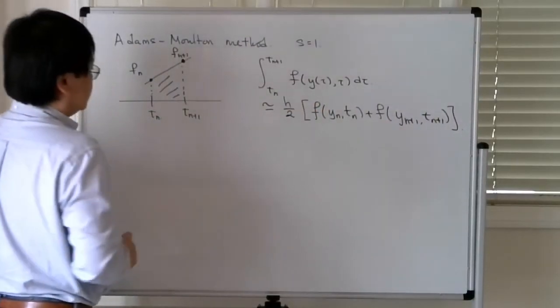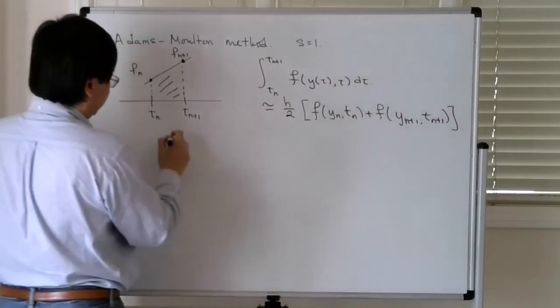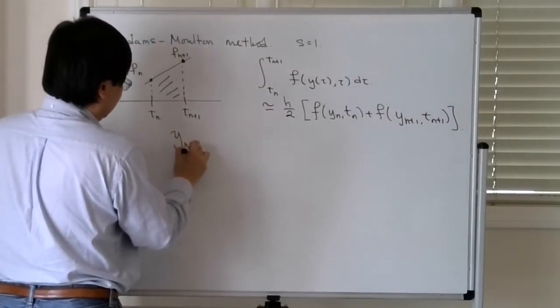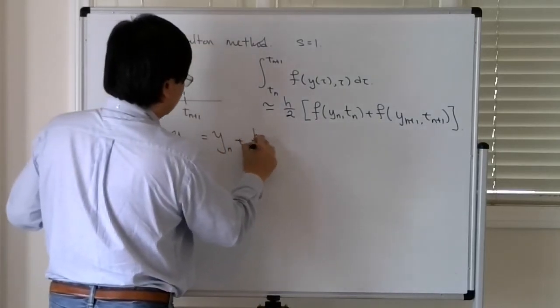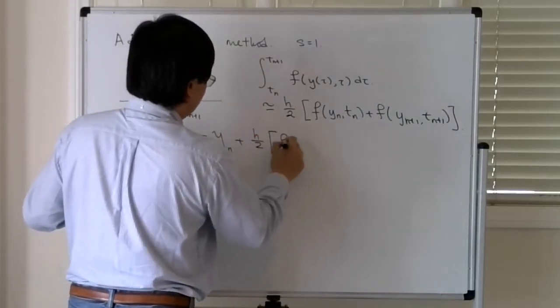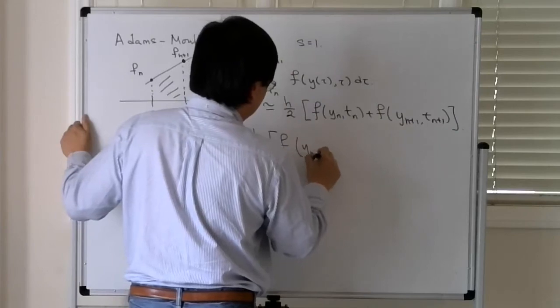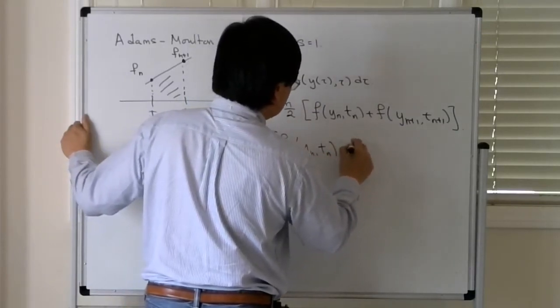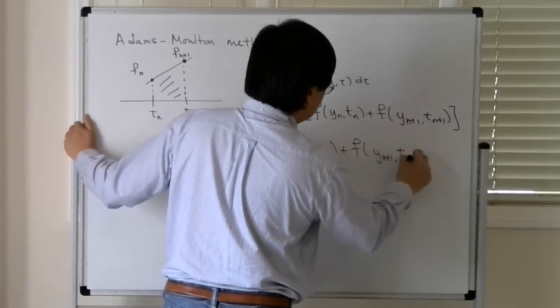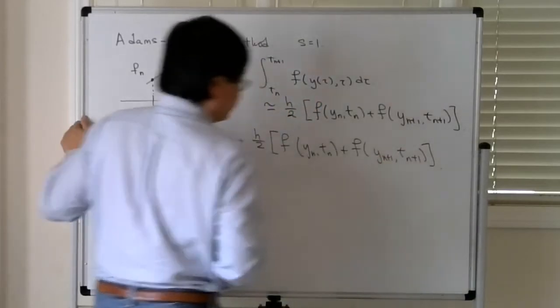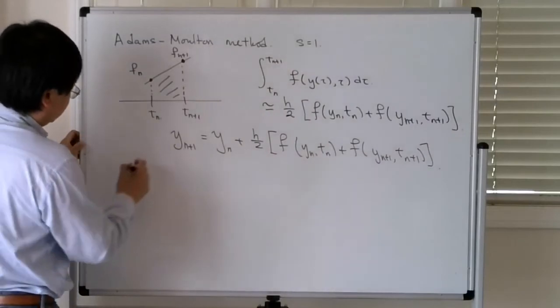When you put those together, that says yn plus 1 is equal to yn plus h over 2 times f evaluated at yn tn plus f evaluated at yn plus 1 tn plus 1. This is of course nothing more than the trapezoidal rule.